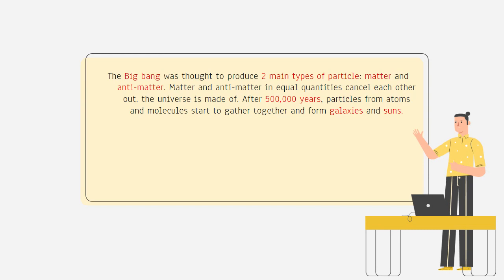For example, if the antiparticle is the positively charged positron, the matter counterpart is the negatively charged electron. The matter and antimatter particles are always produced as a pair, and if they come in contact, they annihilate, leaving behind pure energy.